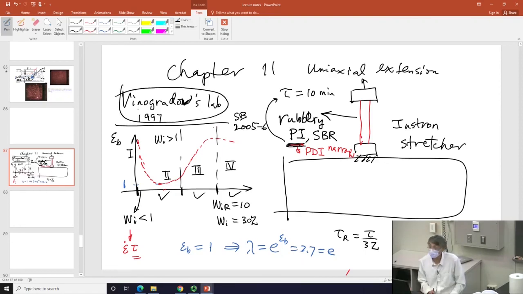We subsequently have seen the same. Okay? And of course, you can ask, hey, why did it break? Well, the short answer is disentanglement from a horse race.